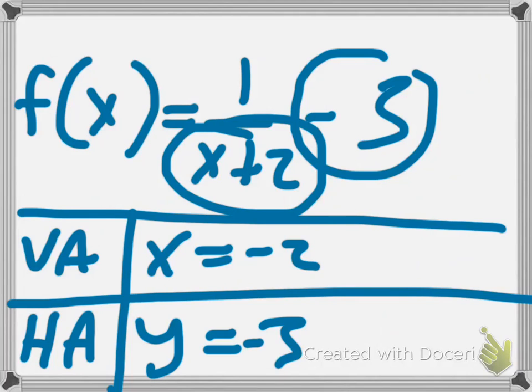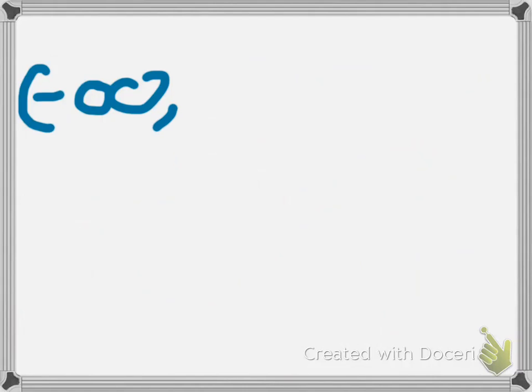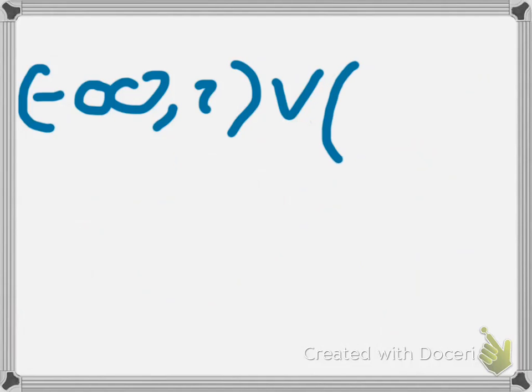Next thing we need to write is our domain and range. Our domain is a lot different from the last problem since it has given us our VA and horizontal. So for our domain, we would write negative infinity to negative 2, union, negative 2 to infinity.